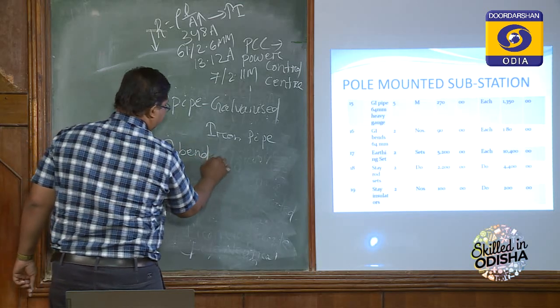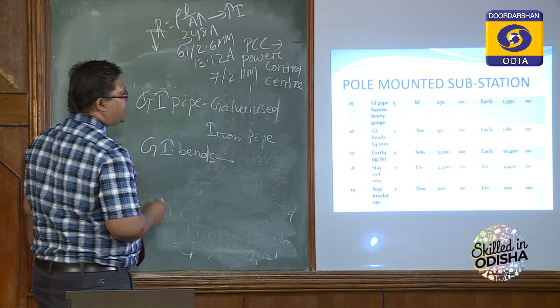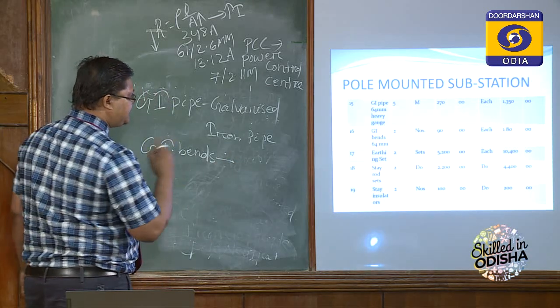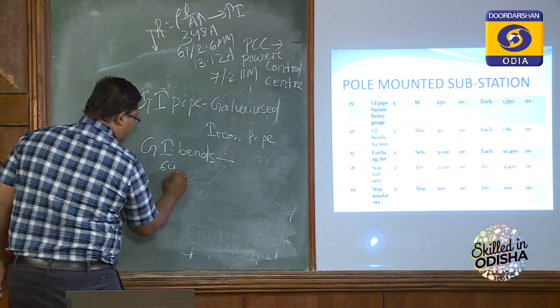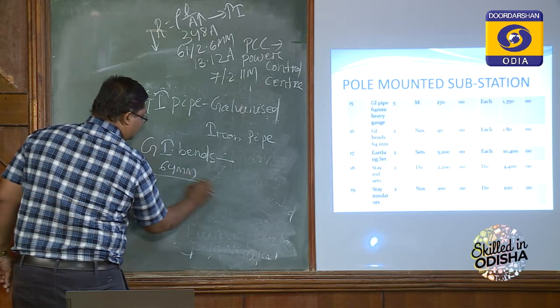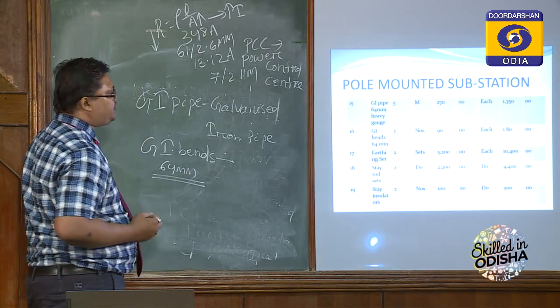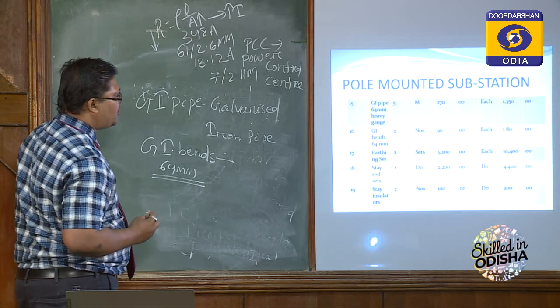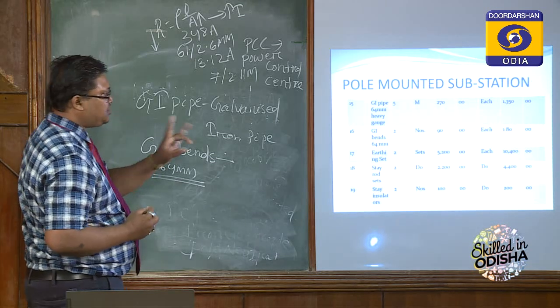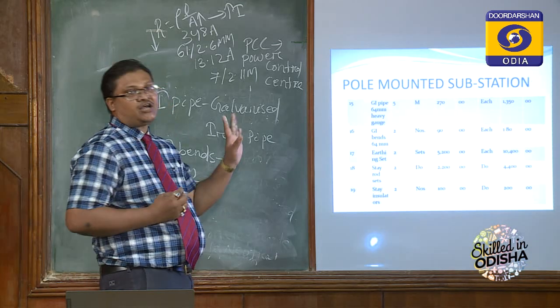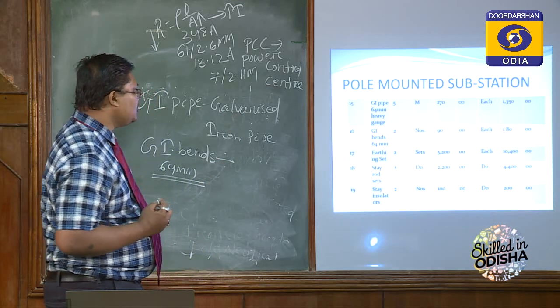To hold this GI pipe we require GI bands, and its specification is 64 mm. You have to memorize 64 and two numbers. Each costs 90 rupees, so the total will cost 180 rupees.